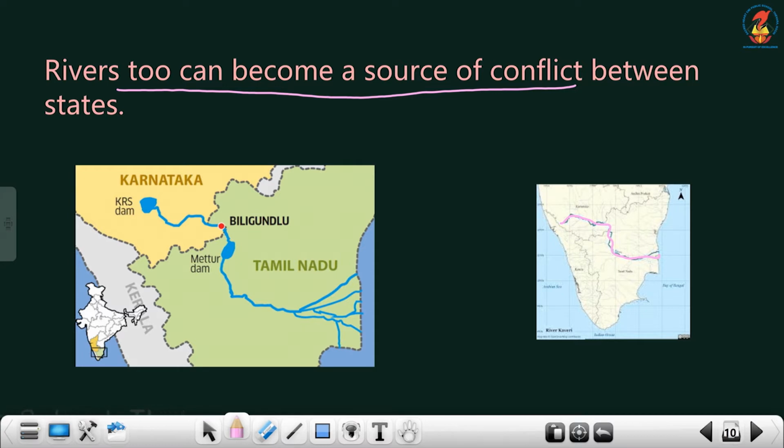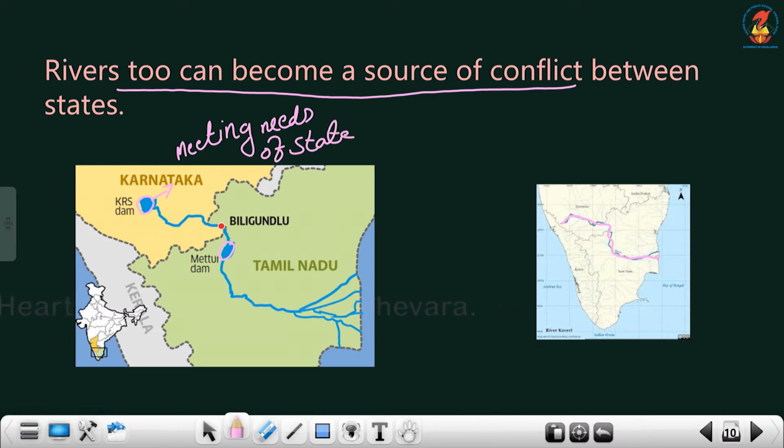Important here is that in Karnataka they made the Krishnasagar Dam, and in Tamil Nadu they made the Mettur Dam. In Karnataka, the dam water is used for meeting the needs of the cities and the state.